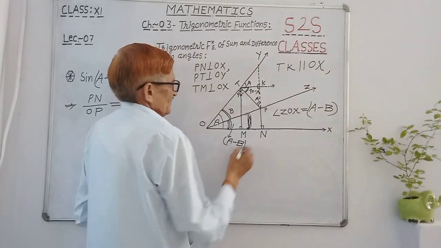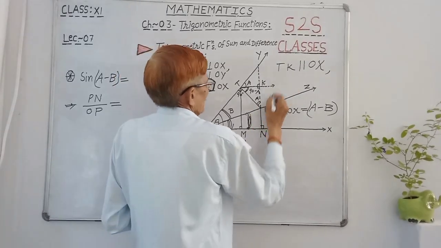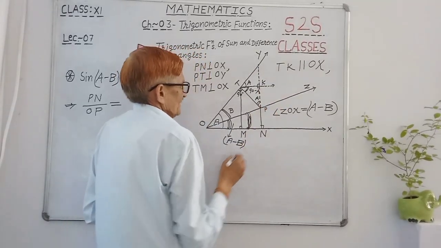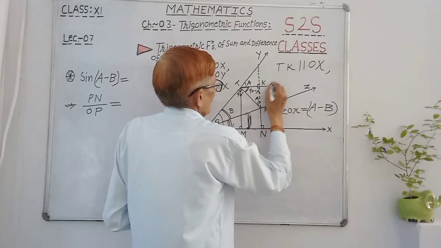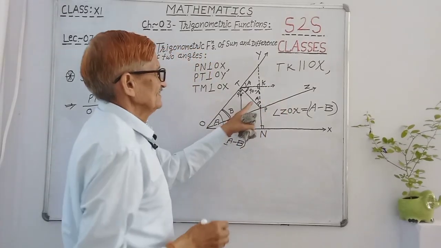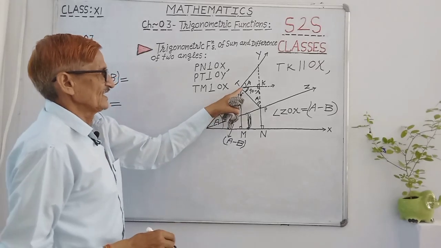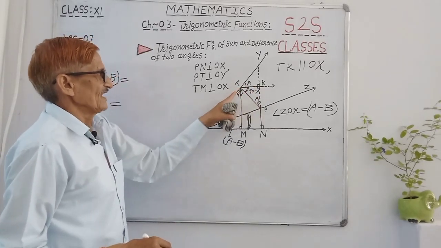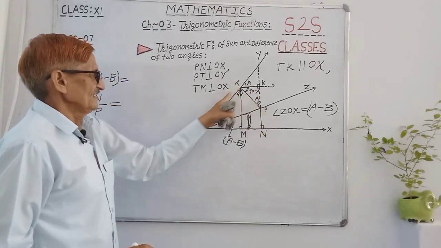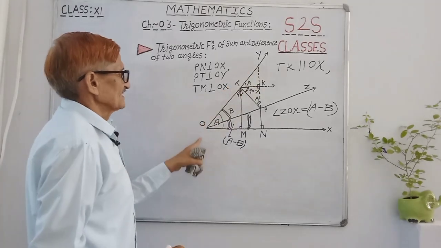NP produced up to K, and this is parallel. So we can say here, TK is parallel to OX and OY is the transversal.